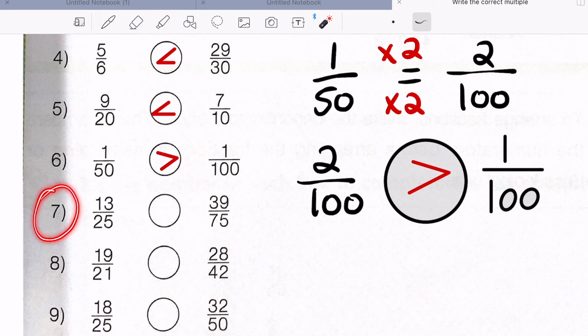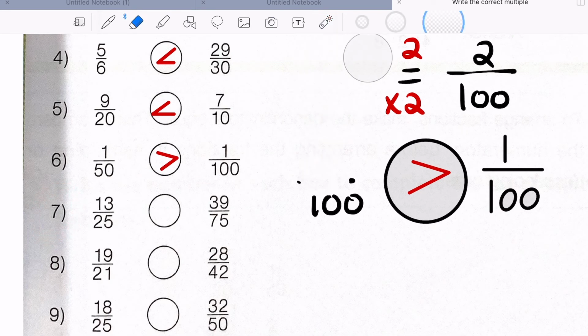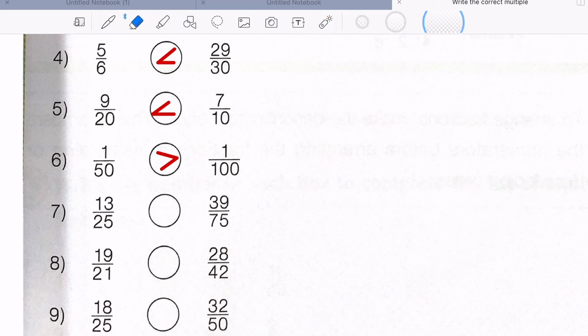Let's take a look at number 7. Number 7 says 13/25ths, 39/75ths, right? So which one is bigger? Which one is smaller? We have to turn 25 into 75. Let's do that together.